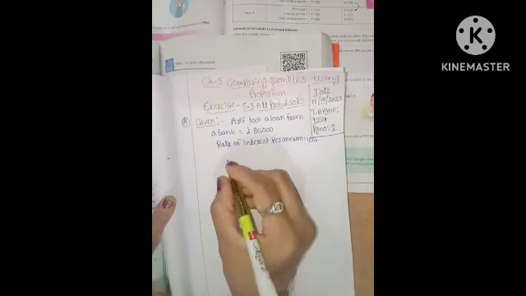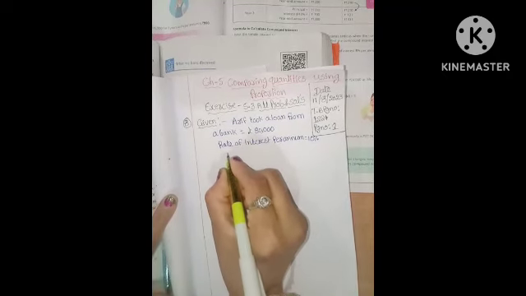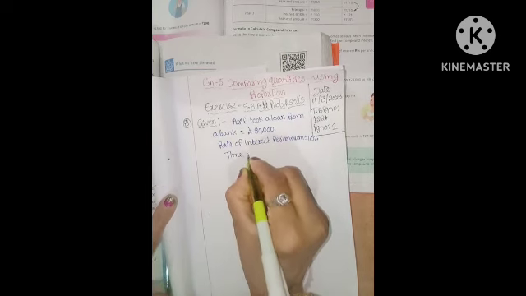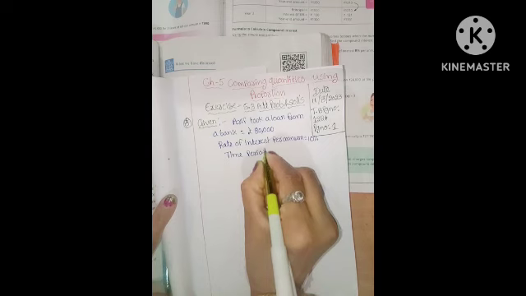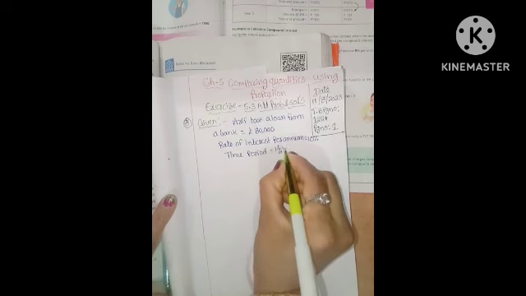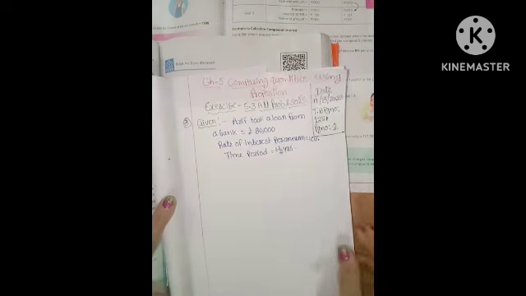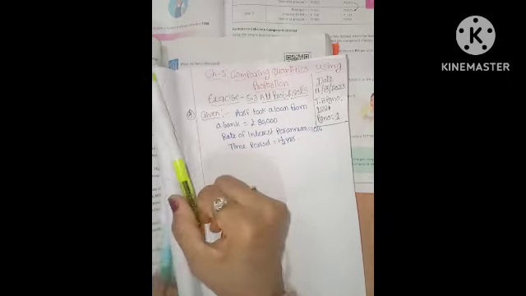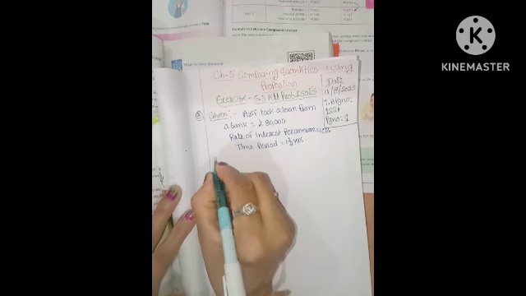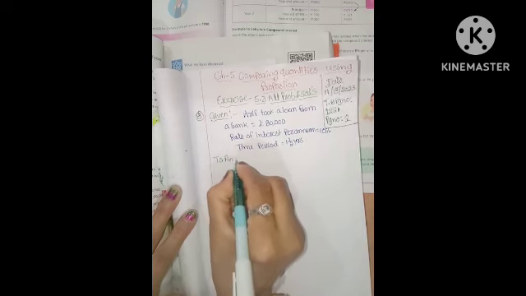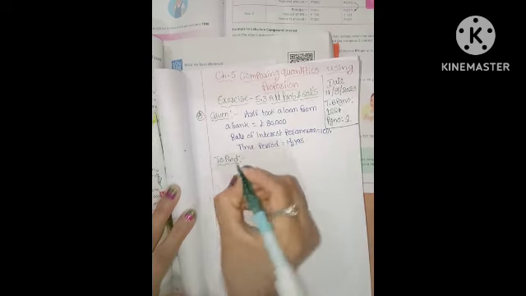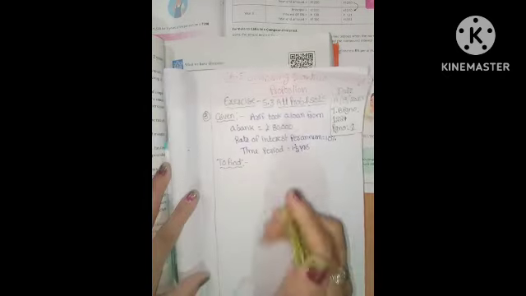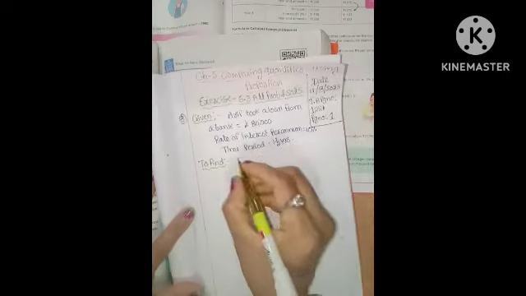Next, the time period is given, that is 1.5 years. Next, to find the difference in amounts.